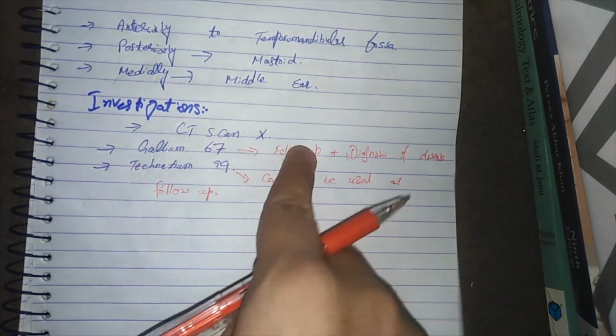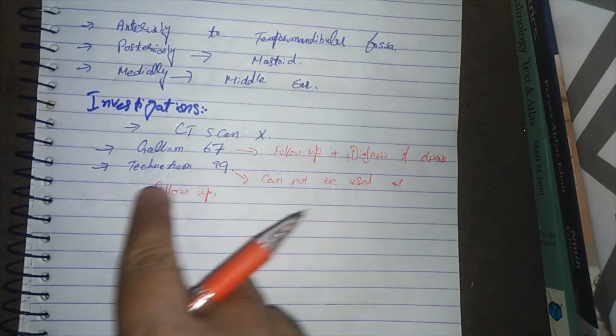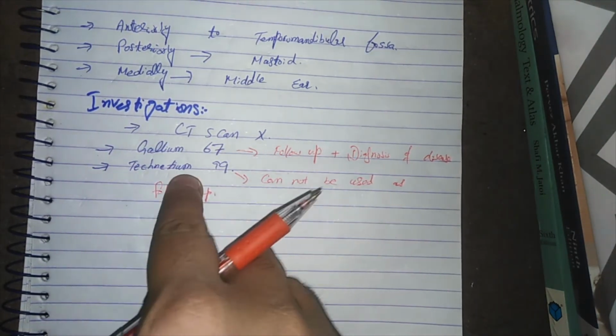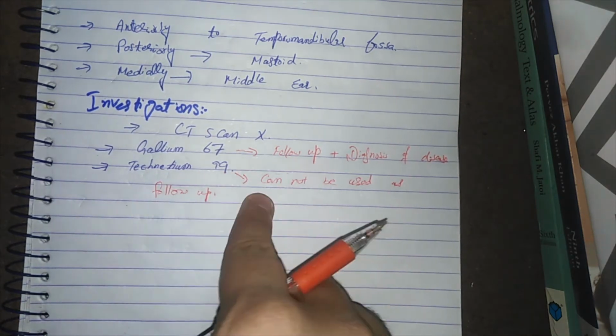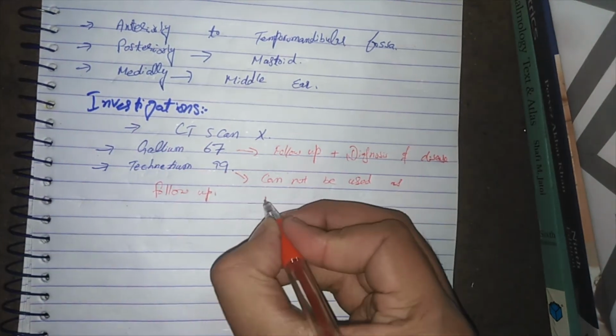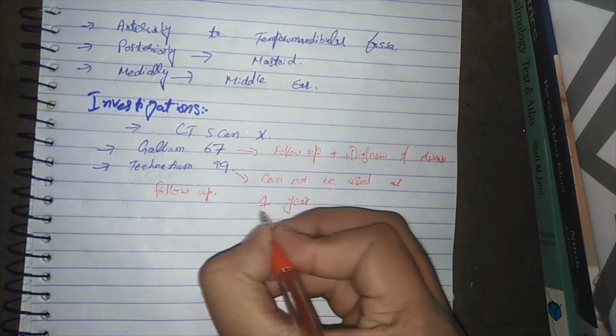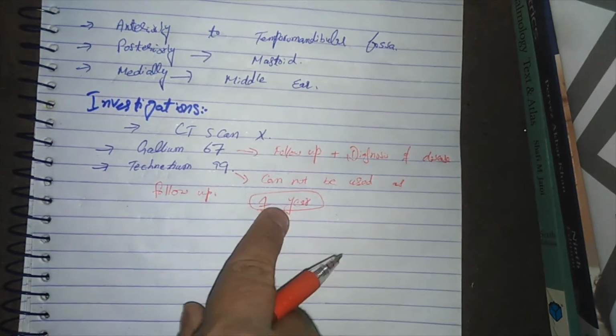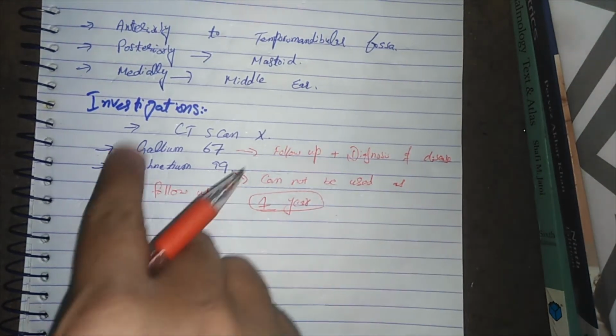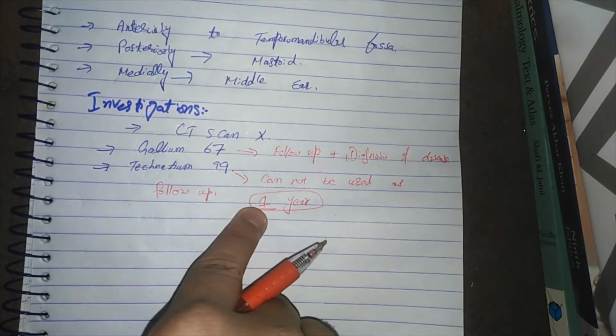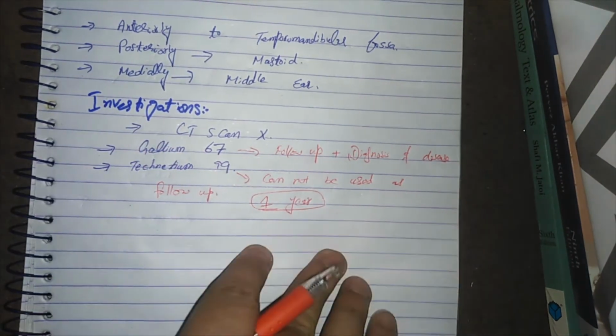Why can it not be used as a follow-up? Because once you have done the technetium 99 test, it will remain positive for 1 year. So we cannot do it for follow-up. It can only tell us there is an infection, but it cannot be used as follow-up.